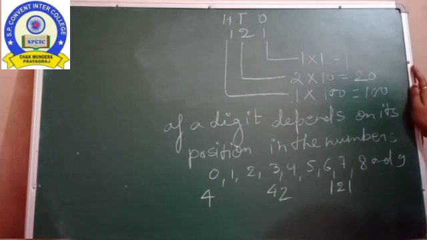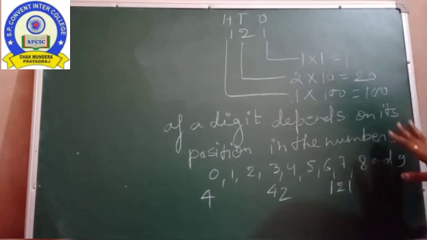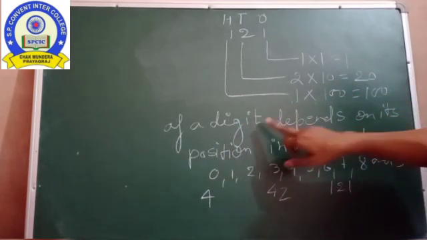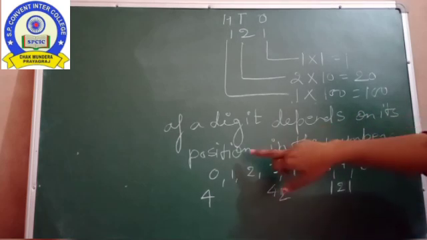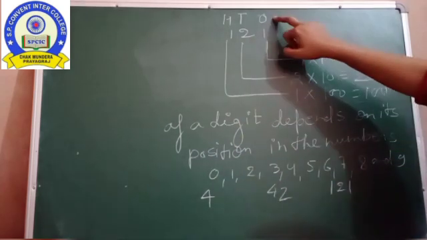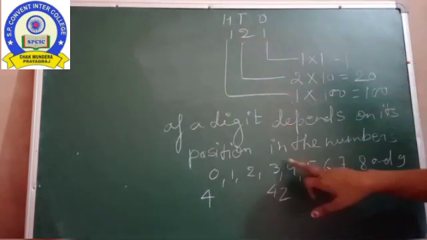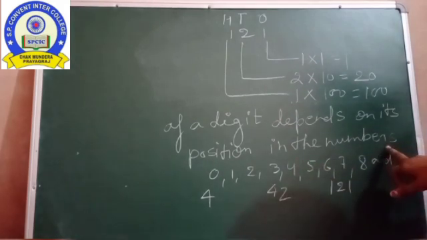Clear? Another example, it means the place value of a digit depends on its position. What position? Ones, tens, hundreds in the numbers.